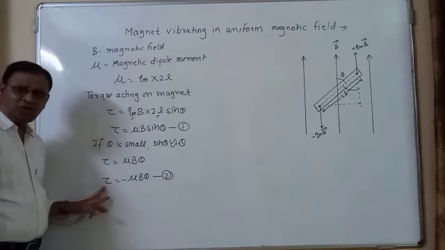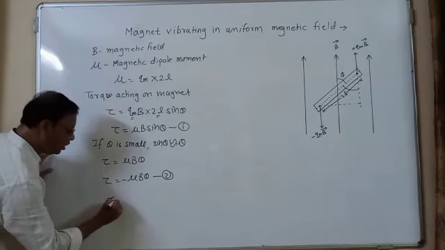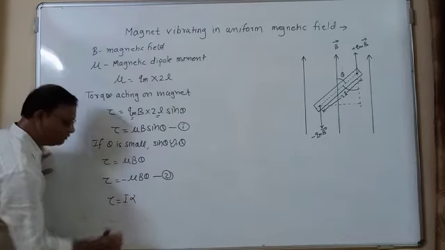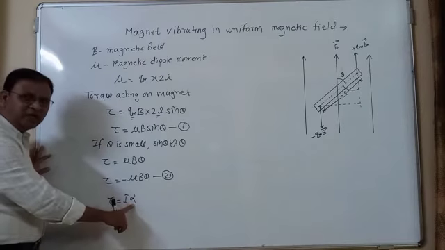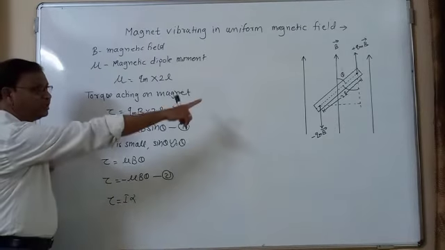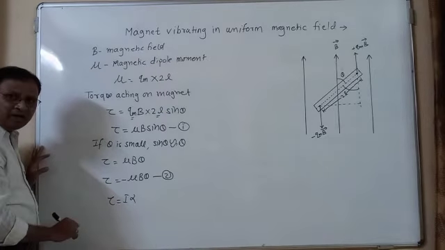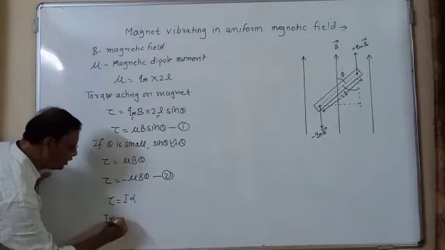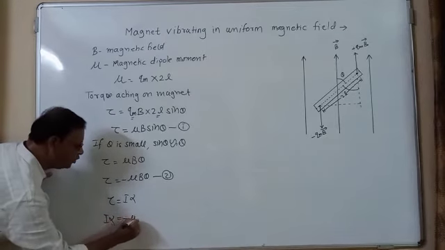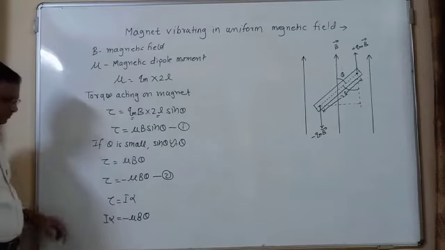Now the torque tau, we have also seen the relation torque tau is equal to I alpha, moment of inertia into angular acceleration. I is the moment of inertia of the bar magnet. So as tau is equal to I alpha, we can write I alpha is equal to minus mu B into theta.